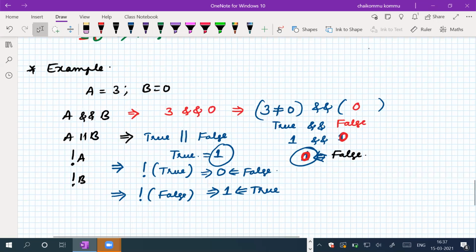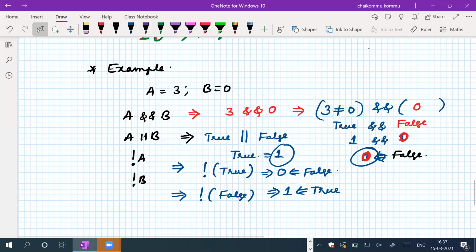Relational operator. The next one is relational operator. Of course, we'll write one note here. Don't forget this note. Note: what if any one of the operands is equal to unknown value? Then it is evaluated to unknown.